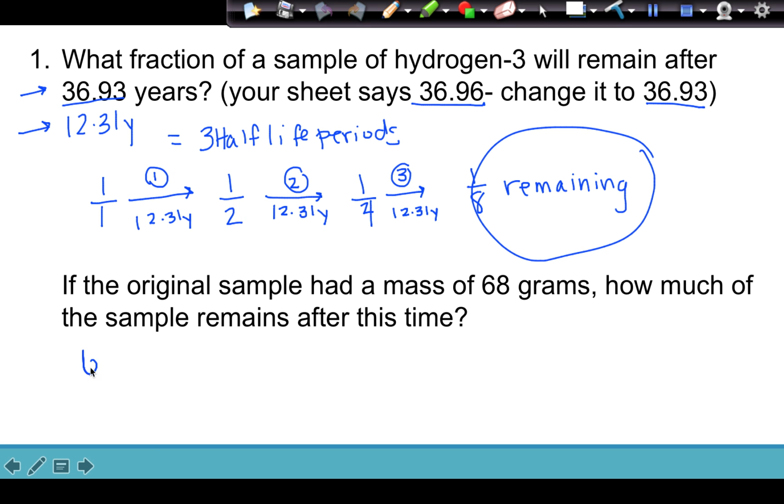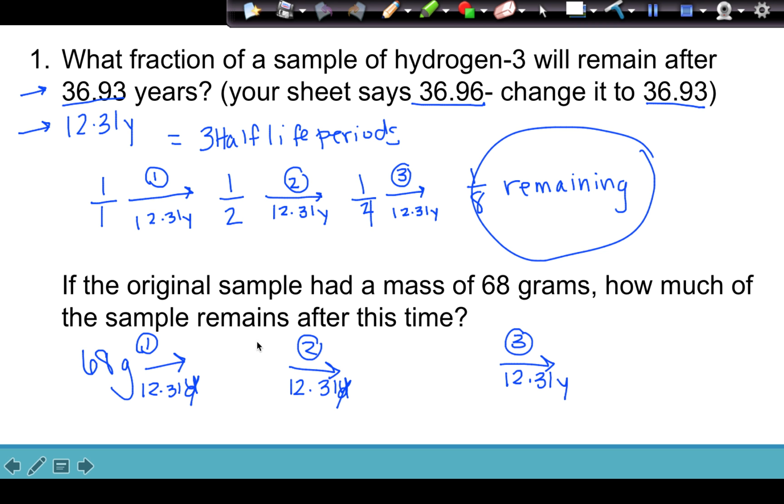Then it says if the original sample had a mass of 68 grams, how much of the sample remains after this time? After one half-life, after 2 half-life periods, after 3 half-life periods, after the first 12.31 years, after the second 12.31 years, after the third 12.31 years.